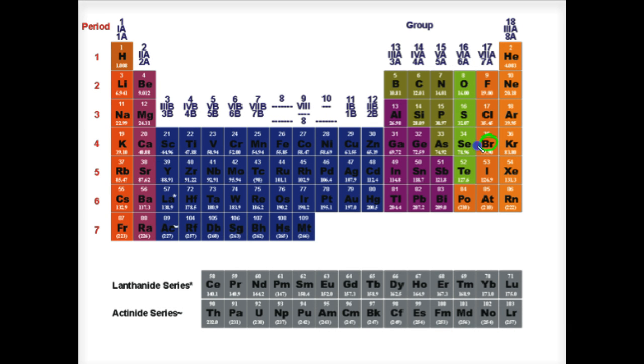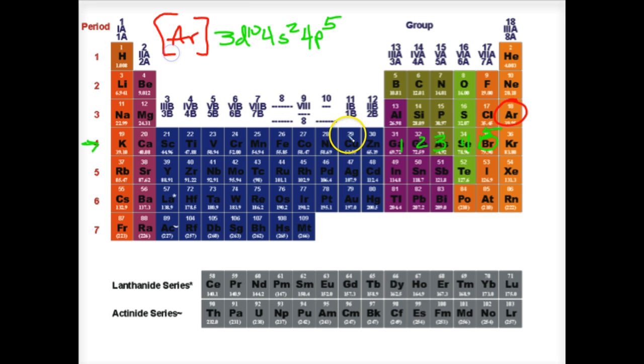So bromine is right here. That means it's on row 4. I'm 1, 2, 3, 4, 5 into the P block. So that's 4p5. I know everything else must be full, so that's 4s2 is full, and that's 3d10 is full. The previous noble gas was argon, so I should have had argon 3d10, 4s2, 4p5.